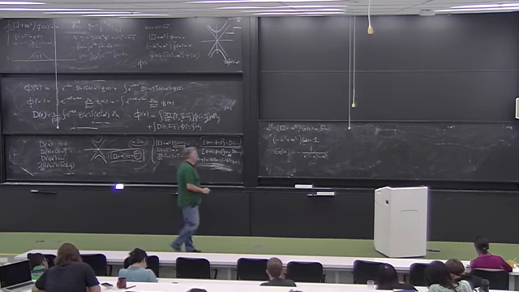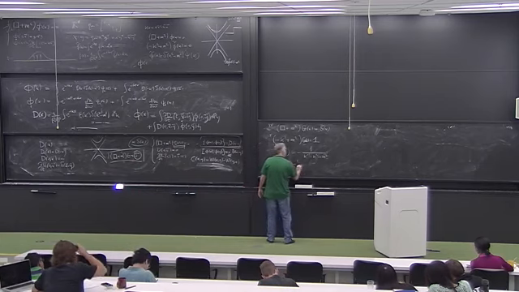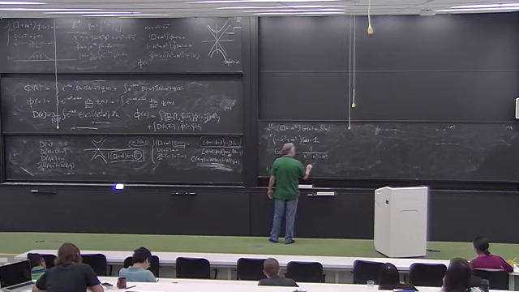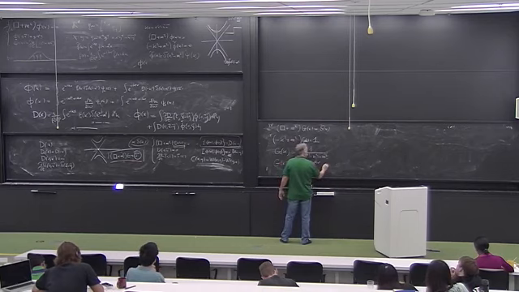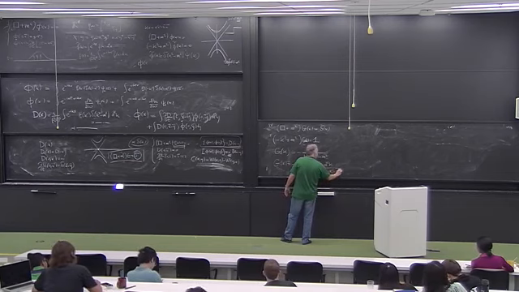Of course, I would like to define the inverse g of x as minus 1 over 2 pi to the 4, the integral e to the minus ikx d4k, over k0 squared minus k squared minus m squared.